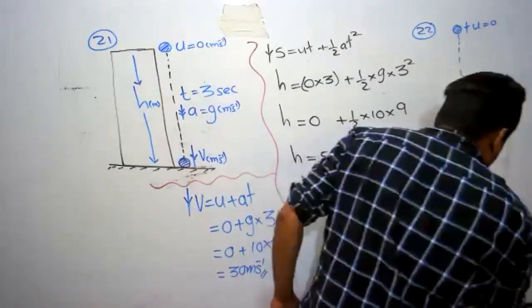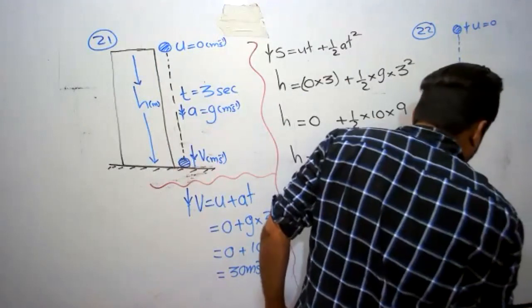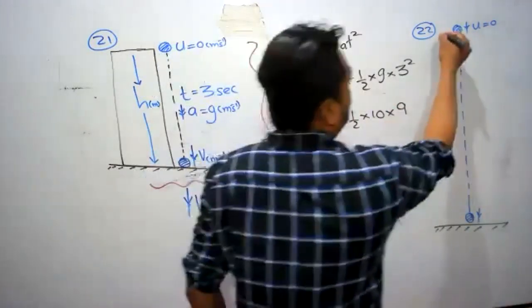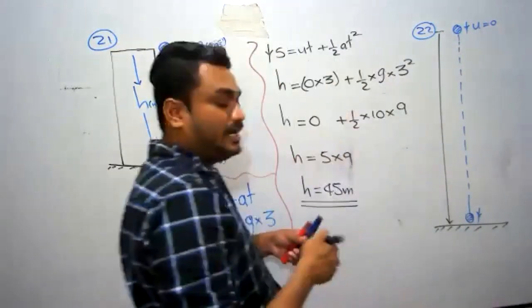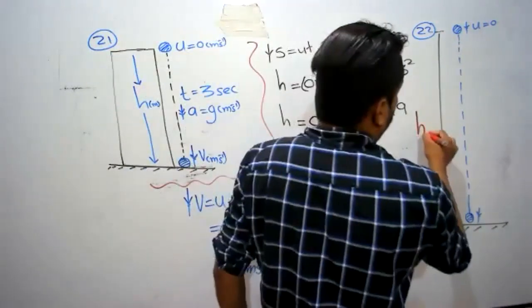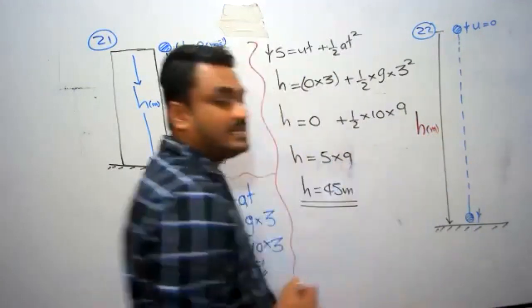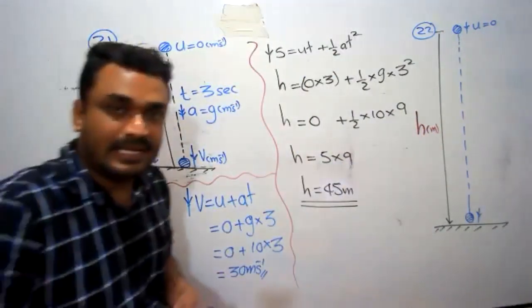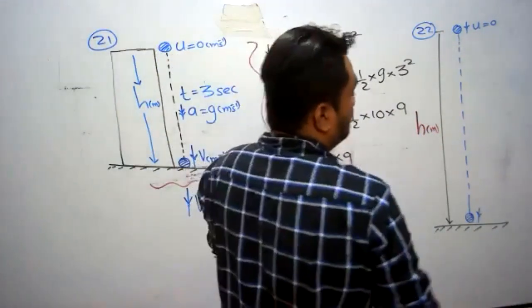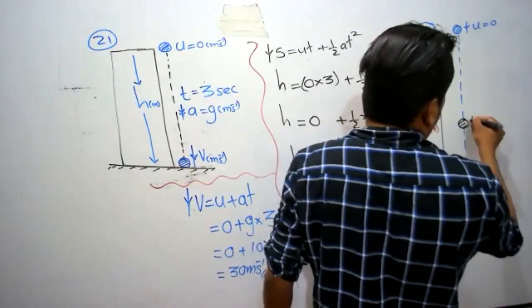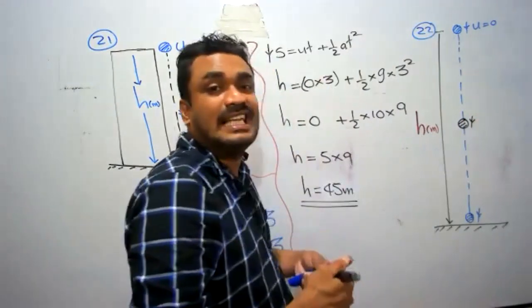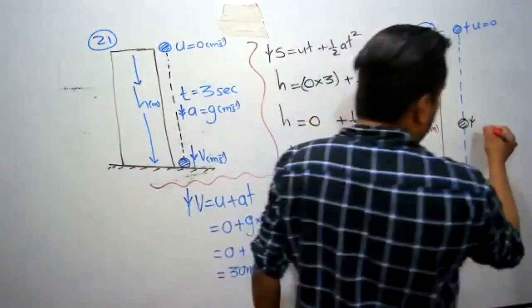Look at the board. If the total distance traveled by the object is h meters, half of the total distance, h over 2, is traveled during the last second.